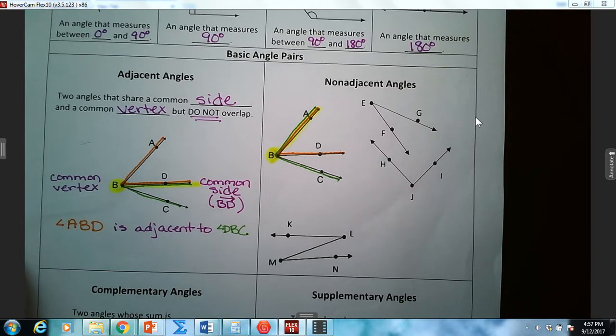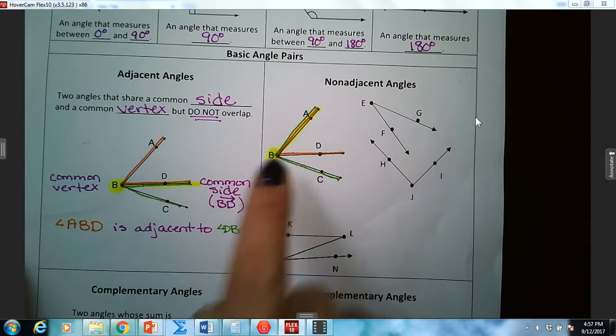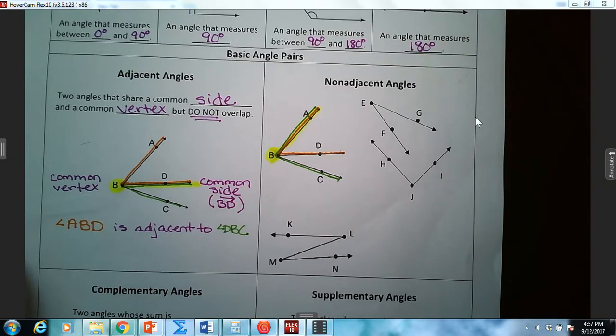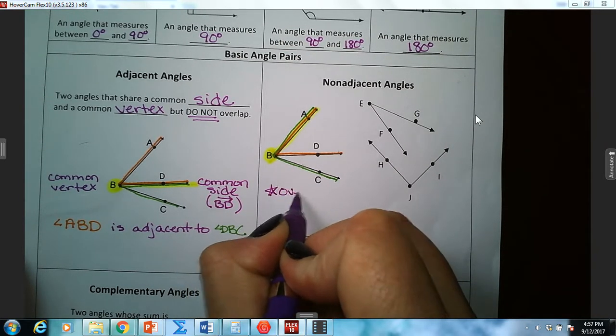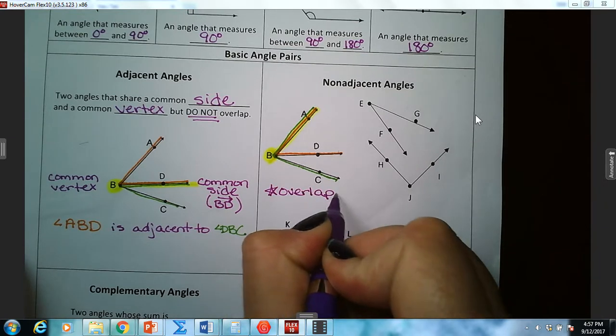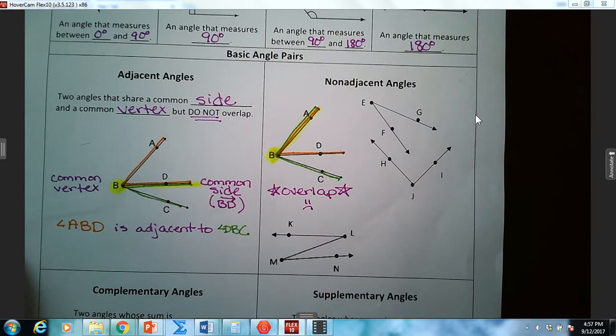If you look at this picture carefully, angle ABD, the orange angle, is completely inside of angle ABC, the green angle. So these are non-adjacent due to overlap. There is no overlap in adjacent angles. So that's a set of non-adjacent angles.